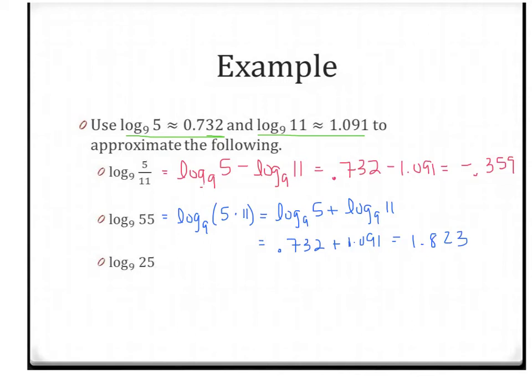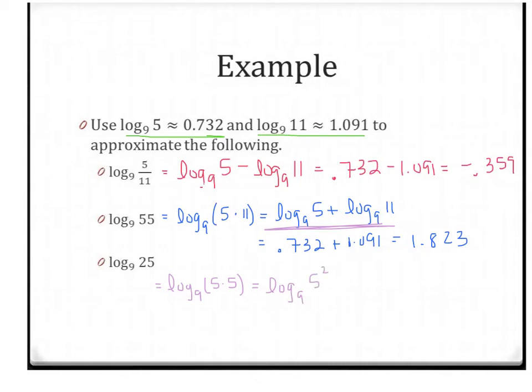So in this last one, I don't know what log base 9 of 25 is, but if I split this up into log base 9 of 5 times 5, okay, so you could do what we just did up here and do log base 9 of 5 plus log base 9 of 5, but let me show you something else though here. What about log base 9 of 5 squared?